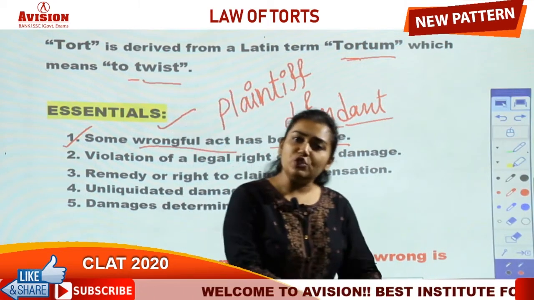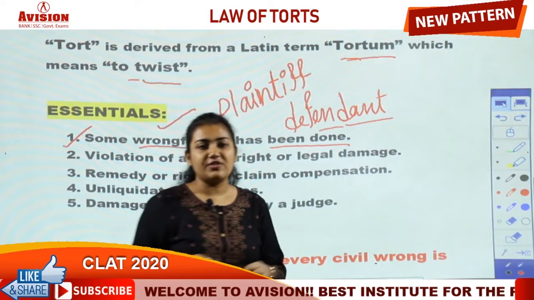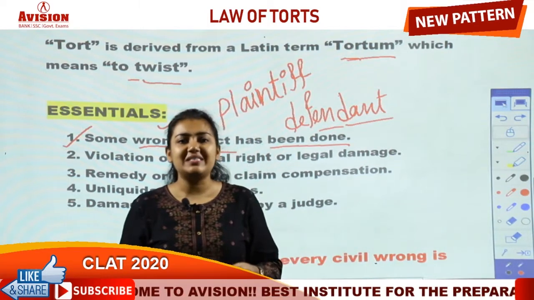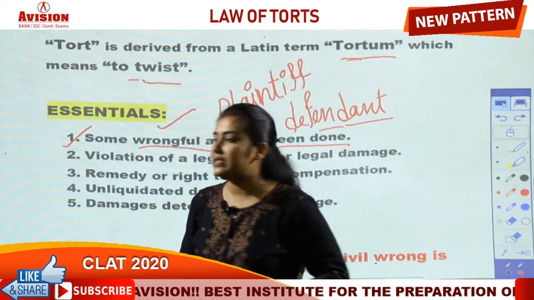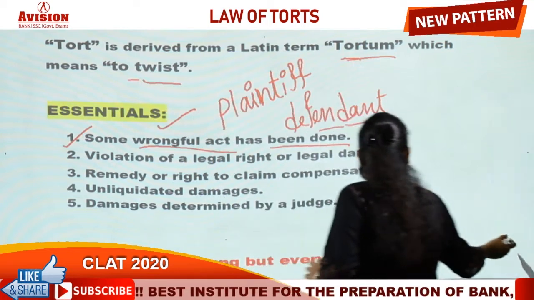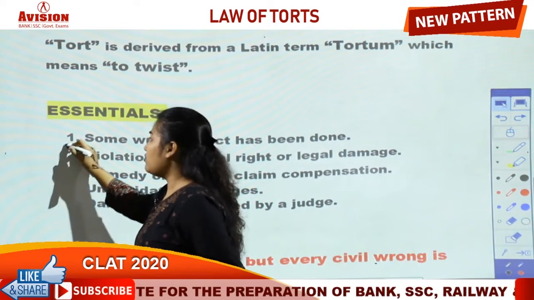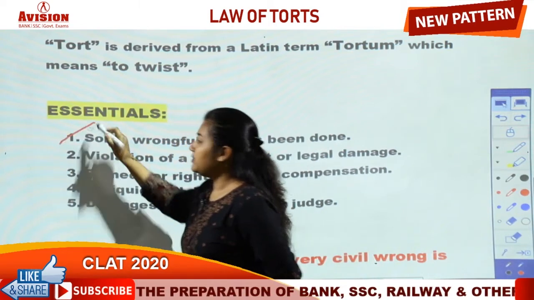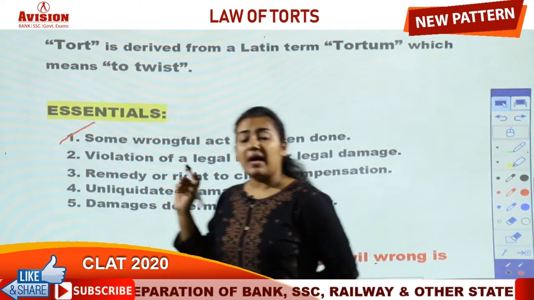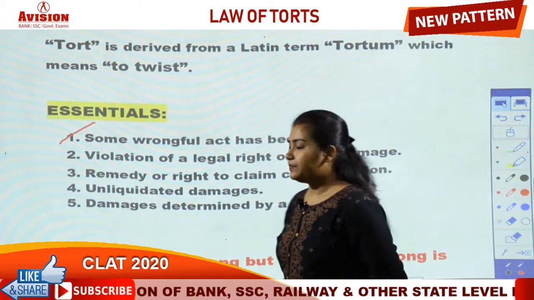So, the wrongdoer, or the accused person who has committed the wrong, is called the defendant. So, now what is the next essential? That some wrongful act has been committed by the defendant against the plaintiff.